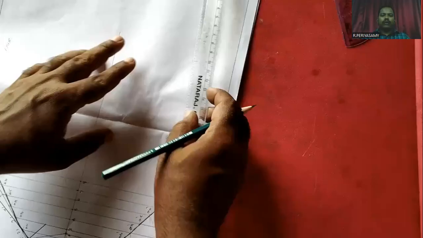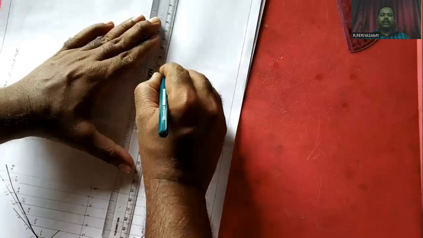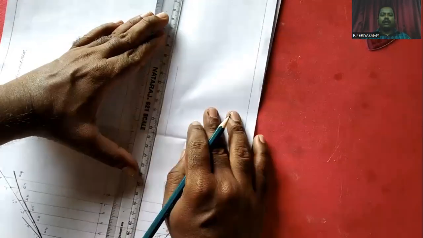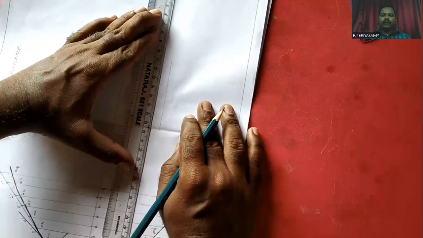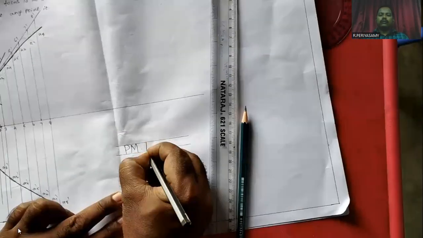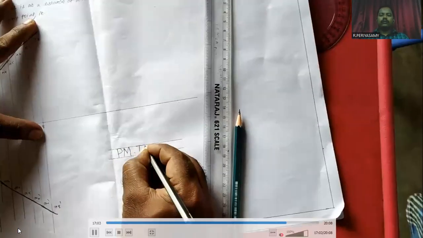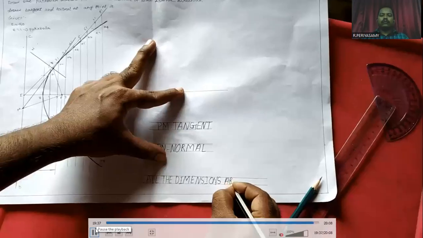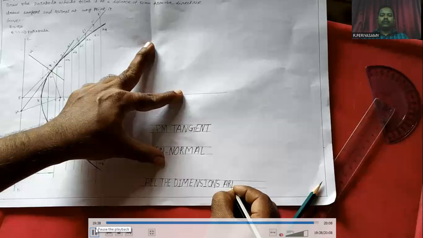This is the final output of the parabola problem. Next, we have to mention PM equal to tangent, PN equal to normal. All the dimensions are in mm.